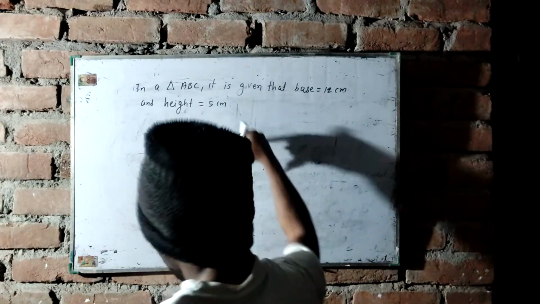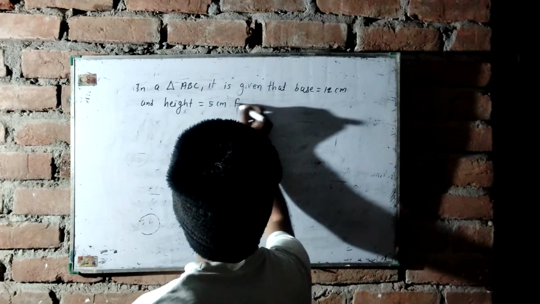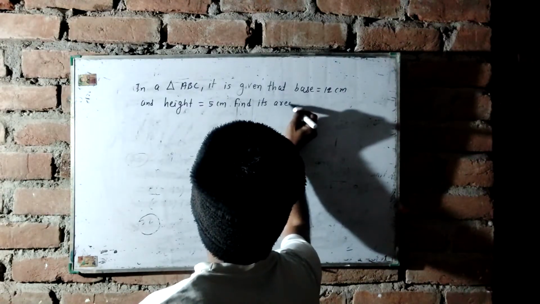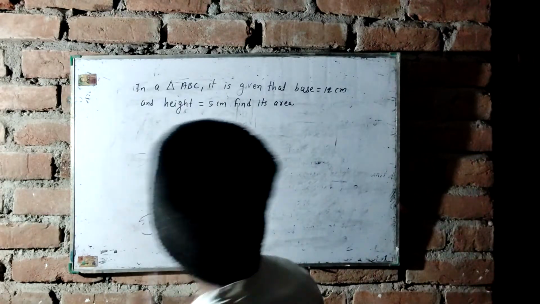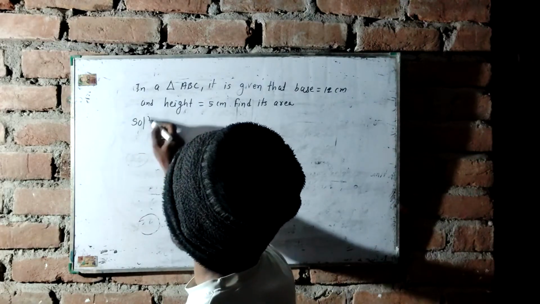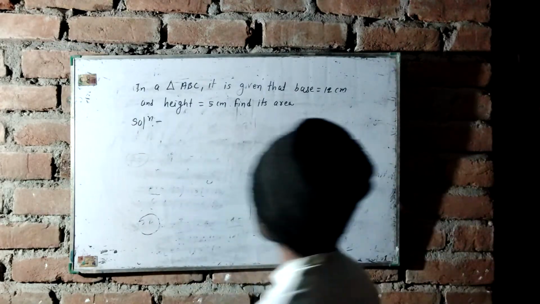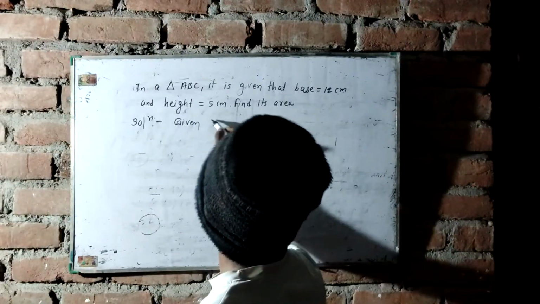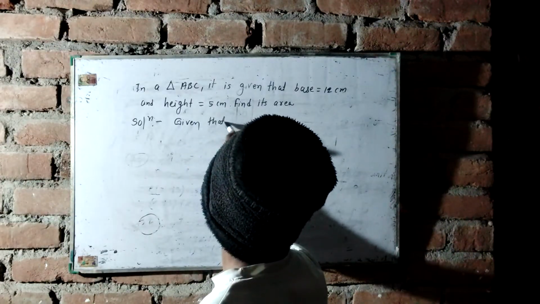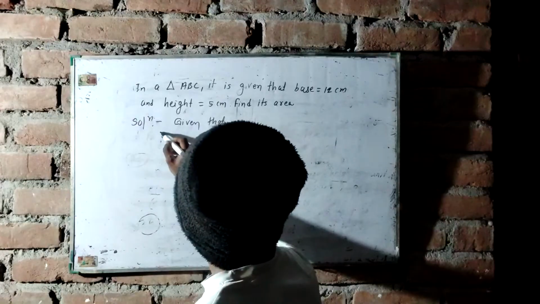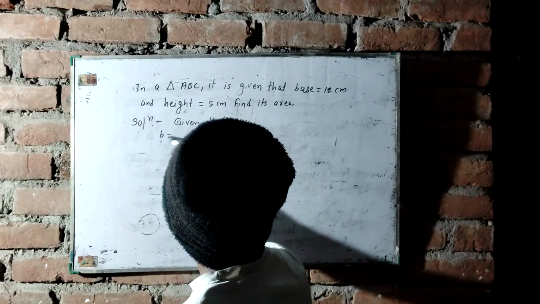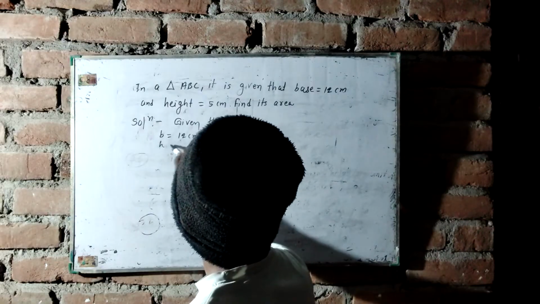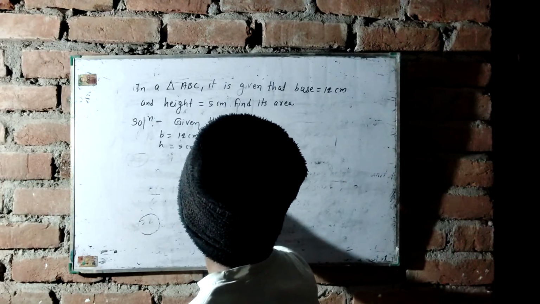Find its area. Okay, have a look solution of these questions. Given that B is equal to 12 centimeter and H is equal to 5 centimeter.